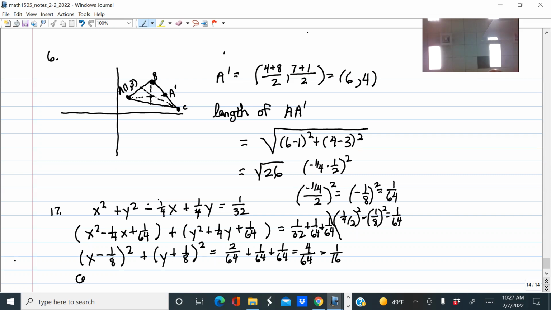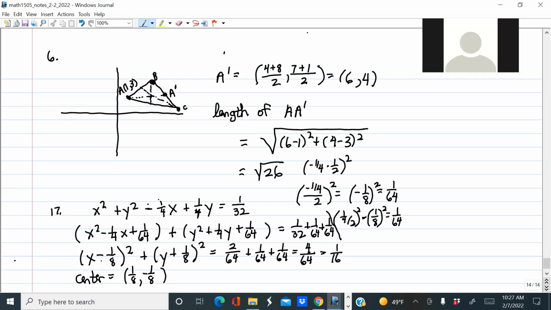So what's our center? For this circle, this is a tiny little circle. Where is it centered at? 1/8 and minus 1/8, right? Okay. Remember, it's x minus h, y minus k. So the h here is 1/8.